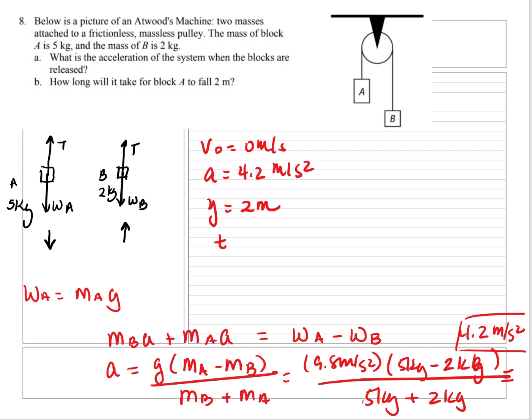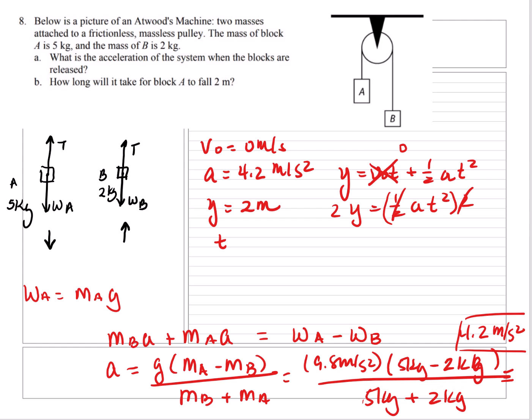So the only kinematic equation with these variables is y equals v naught t plus 1/2 acceleration t squared. V naught t is equal to 0, so y is equal to 1/2 a t squared. We're solving for t, so I need to multiply both sides by 2.